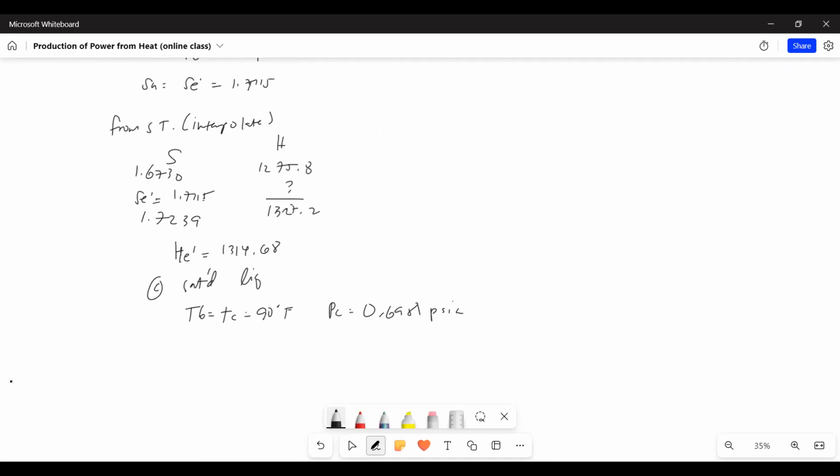And we also read helpful values. HC, this is for the liquid part. Okay, HC equal to HL, the liquid part, 58.02 BTU per pound mass. HL is the liquid part of the saturated properties. And we also read VC, which is 0.01610 feet cube per pound.